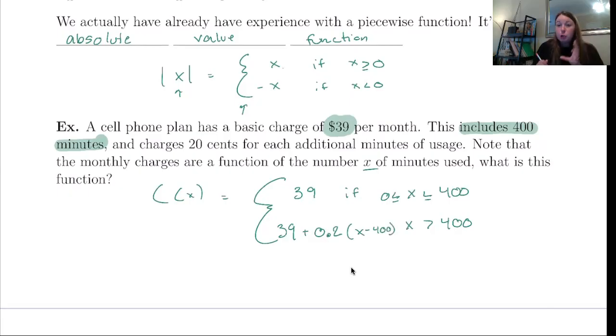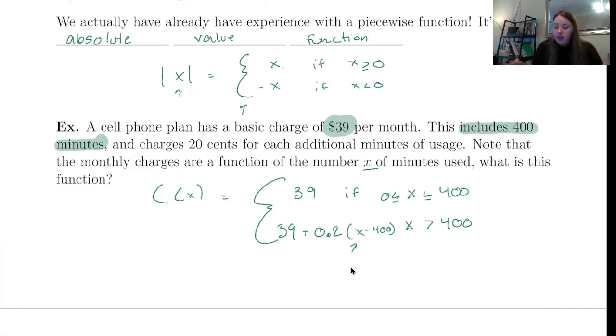That's the additional minutes I'm allowed to talk, because if I just put X right here without putting 400, it would charge me 20 cents for all 401 minutes, when I only need to be charged for 1 minute over. So that's why we subtract the 400. And you could distribute and combine like variables if you want, but I think just holding it like this is kind of easy.